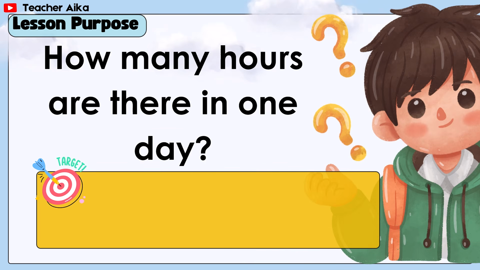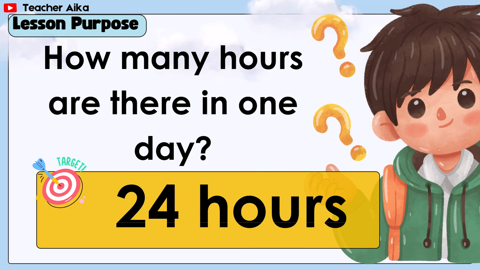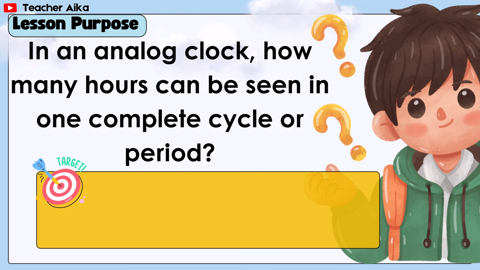Let's have our lesson purpose. How many hours are there in one day? The answer, 24 hours. In an analog clock, how many hours can be seen in one complete cycle or period?